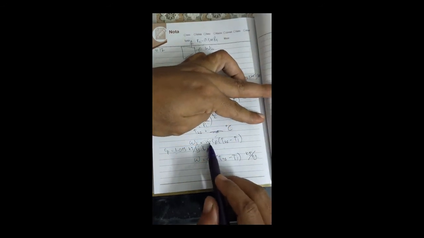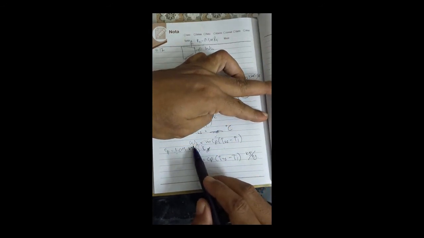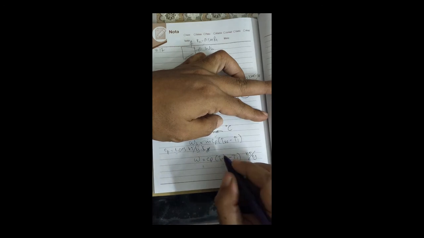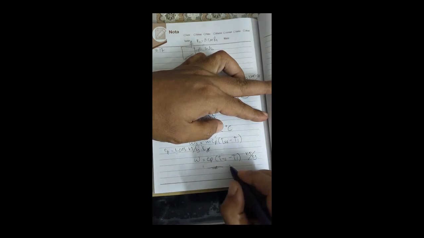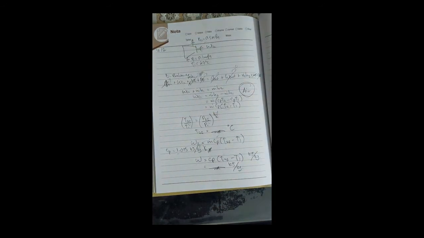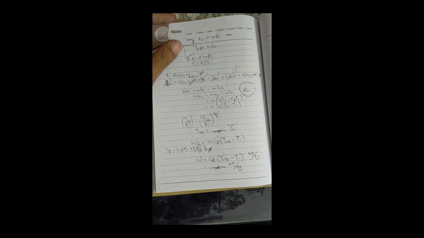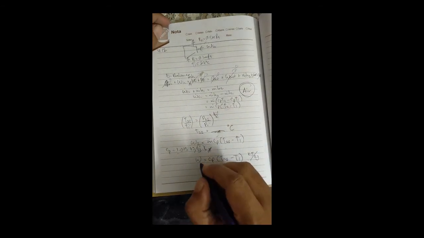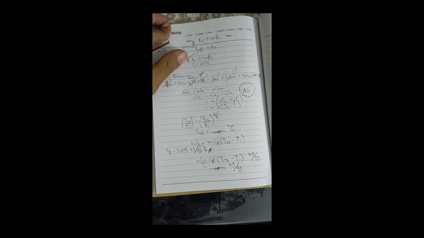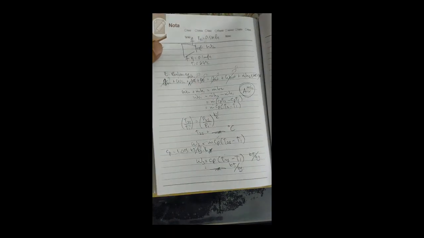So Cp gives units of kilojoule per kg. That is the work done, the isentropic work. Next, the actual work.